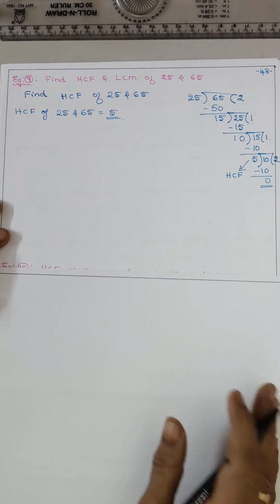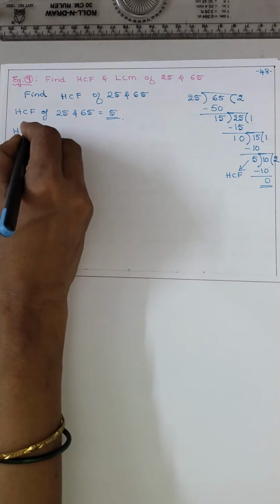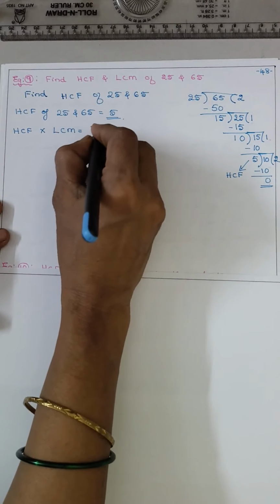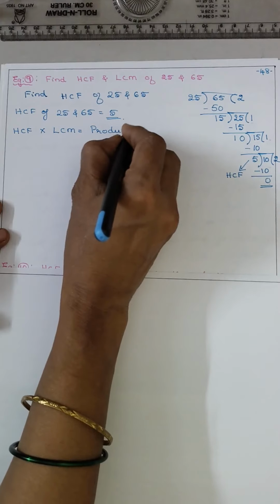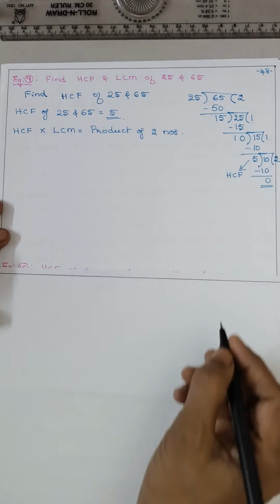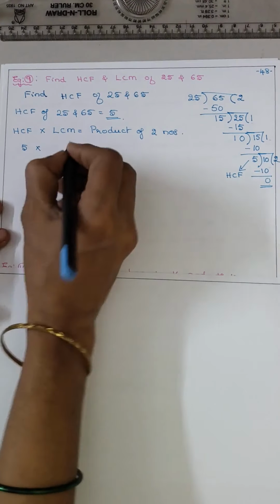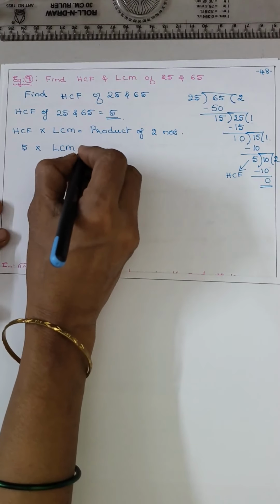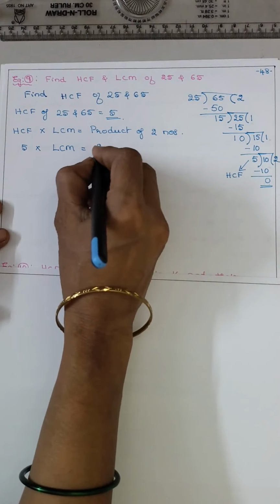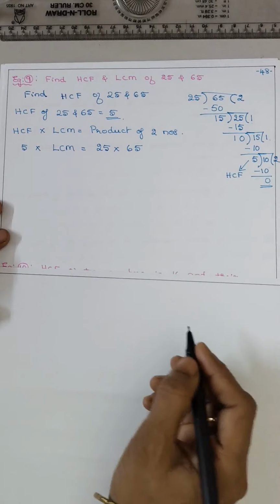Okay. Now use the property HCF into LCM is equal to product of two numbers. HCF कितना मिला? 5. LCM मालूम नहीं है, फाइंड आउट करने का. प्रोडक्ट ऑफ टू नंबर्स. विच आर द टू नंबर्स? फर्स्ट नंबर इज 25, सेकेंड नंबर इज 65.